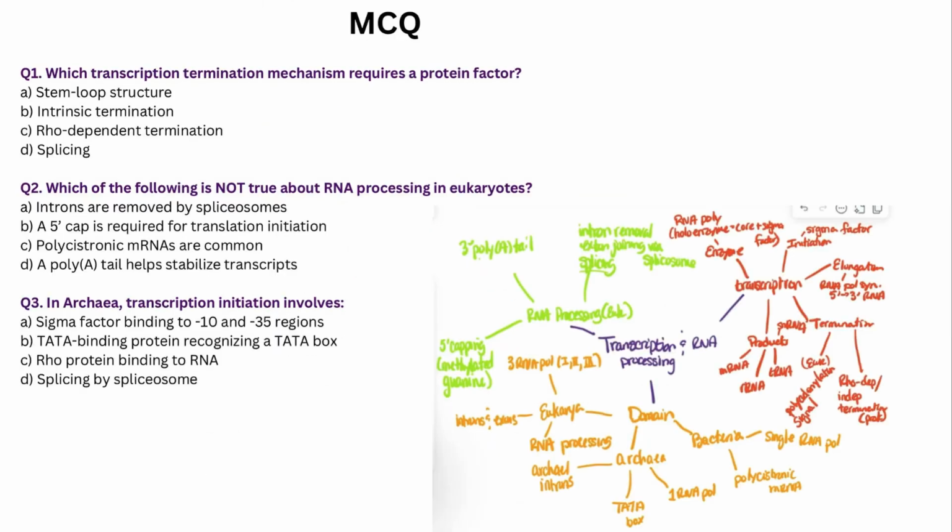Multiple choice questions. Number 1, which transcription termination mechanism requires a protein factor? Number 2, which of the following is not true about RNA processing in eukaryotes?